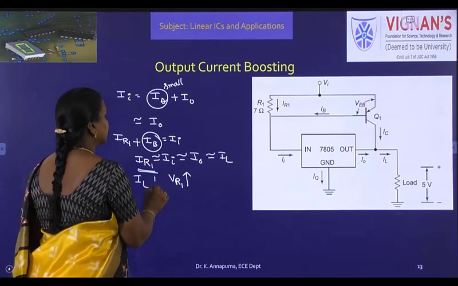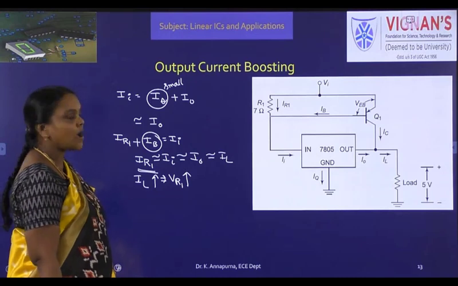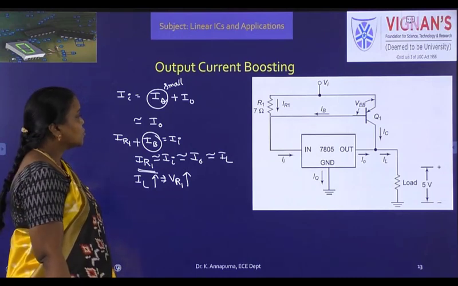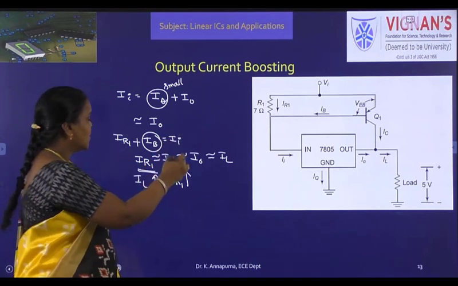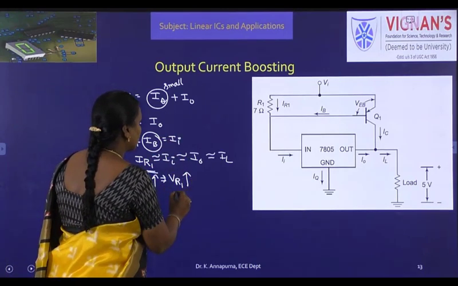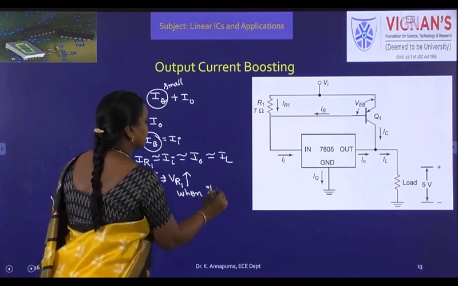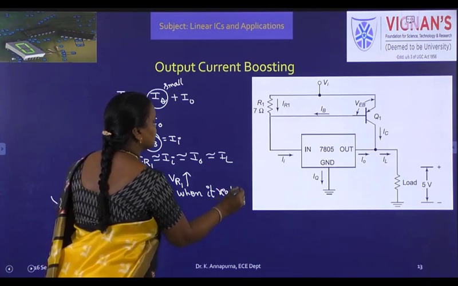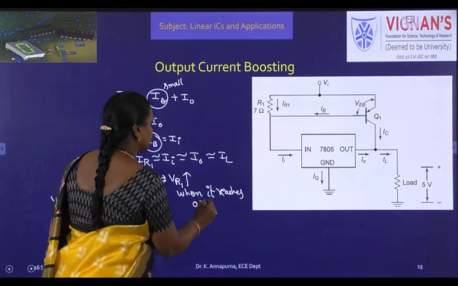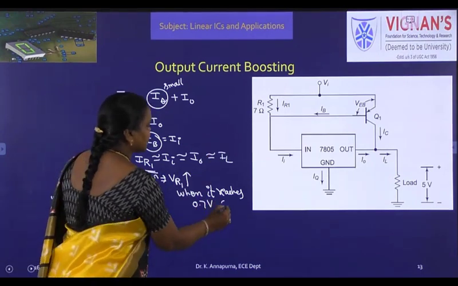This is the emitter base voltage of the transistor. So when it reaches 0.7 volts, the transistor conducts.